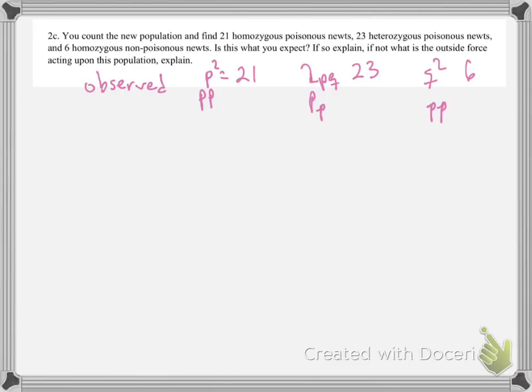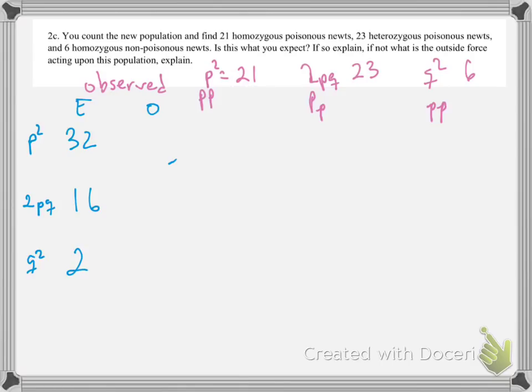So let's calculate everything out and let's write down everything I know at this point. So here's what I know. P squared, 2PQ, Q squared. I know my expected and I know my observed. My expected for P squared is 32 from the last page. My expected for 2PQ is 16, and my expected for Q squared is 2.